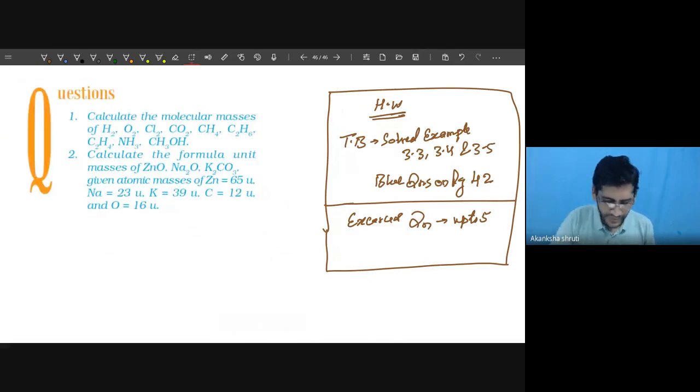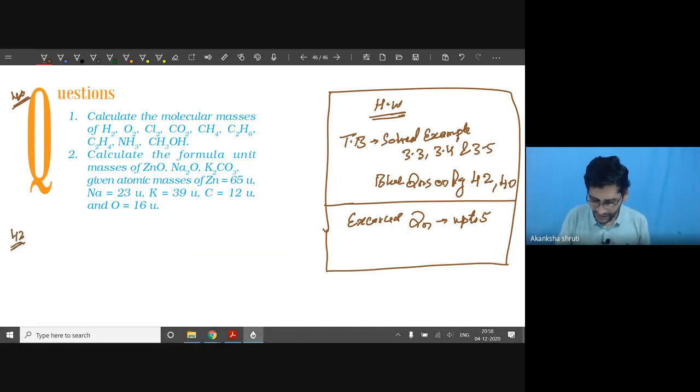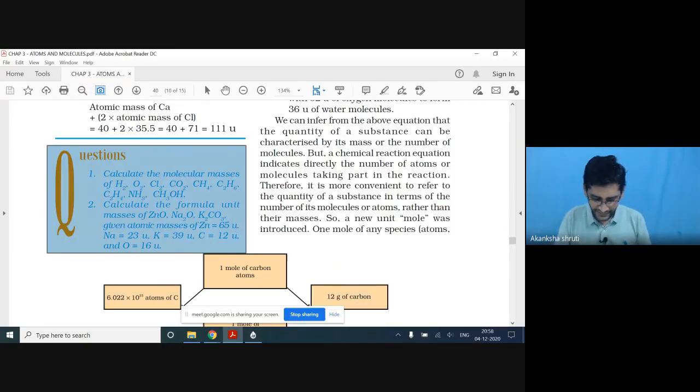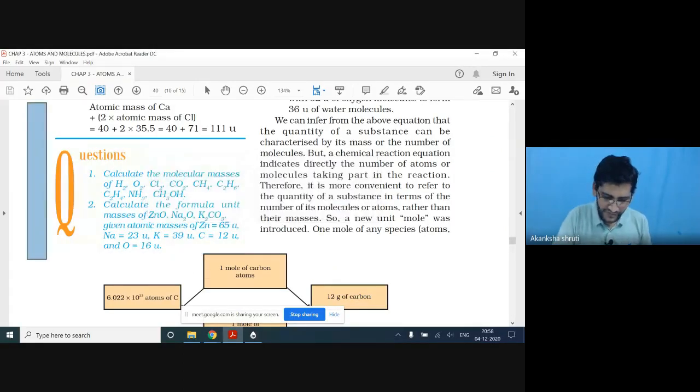The blue questions are on page number 42 as well as 40. This is on page number 40, and on 42 there is another set for calculating the number of moles, and they are also very easy. Students, let us go to 42 also.